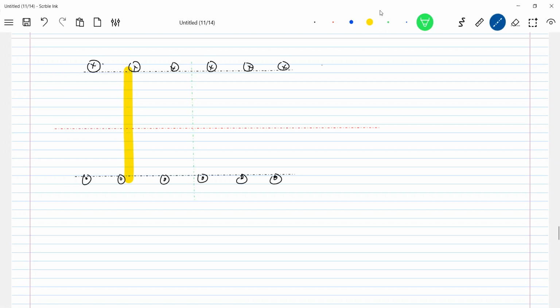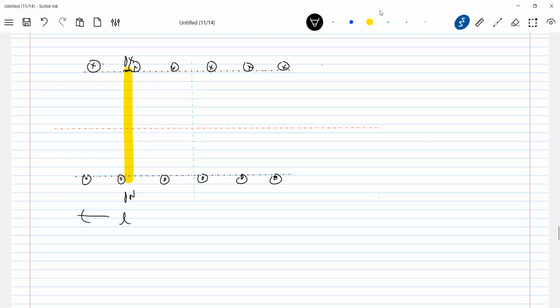Let me take this as a reference point. So this is dx, no? Let this length be equal to dx. So this length dx will contain dn number of turns.